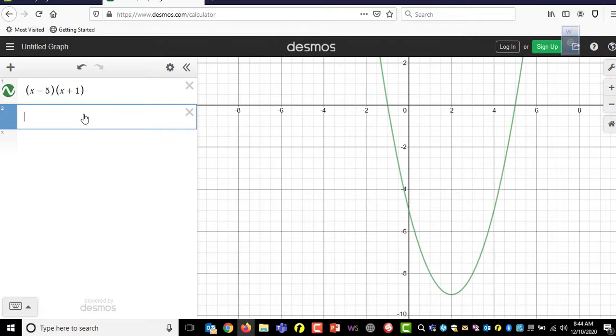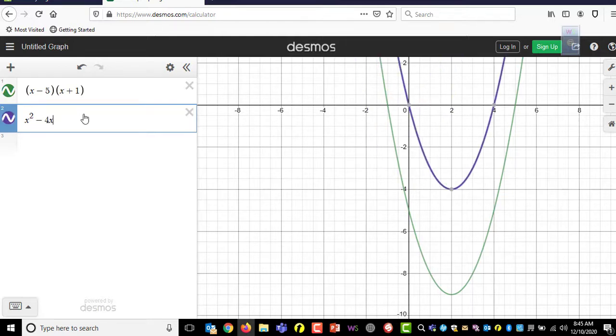Now again, I'm going to FOIL this so you can see we get the same parabola. X times x is x squared. I use shift 6 to get that squared, and then right arrow key or tab. Now the outer would be 1x. The inner would be -5x. If I add those together, 1x plus a -5x is -4x.